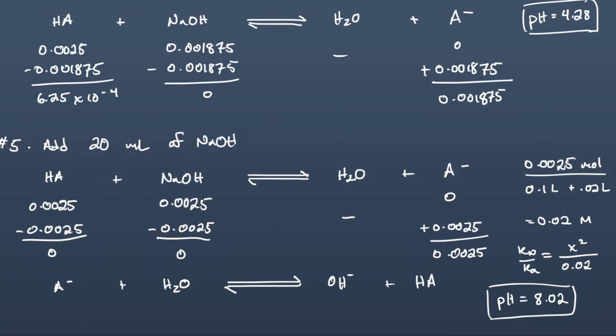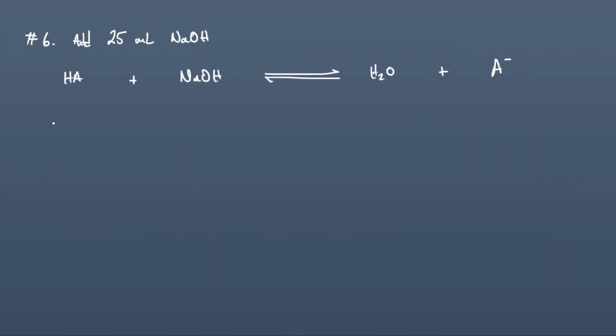Now I want to do one more, and that one is on the second slide I made here. We want to add 25 mL. Originally we had 0.0025 moles, and this time we're adding 0.025 liters here.